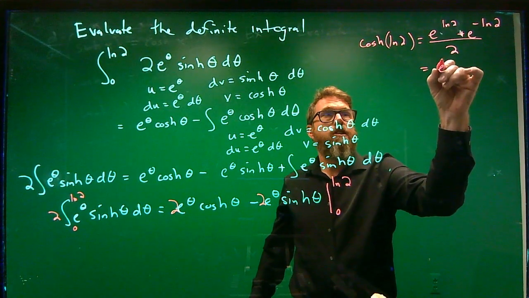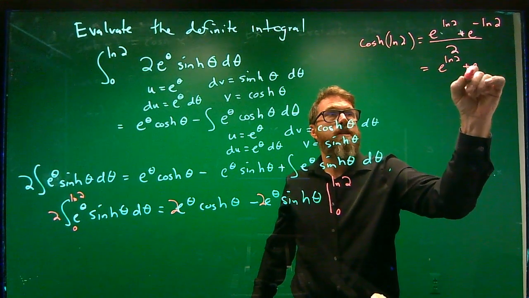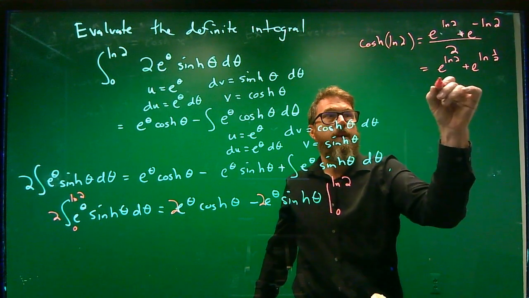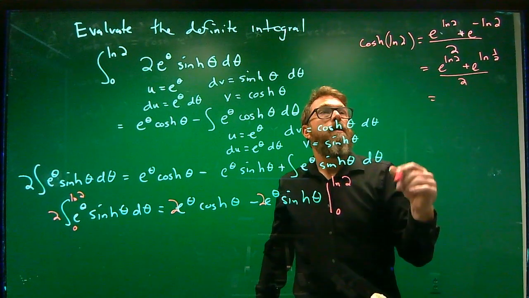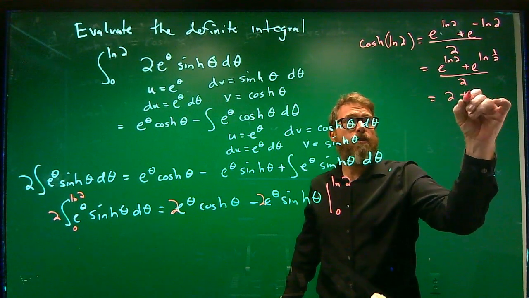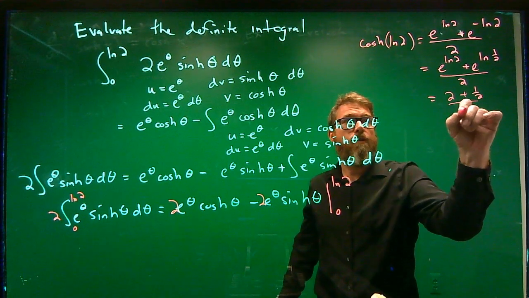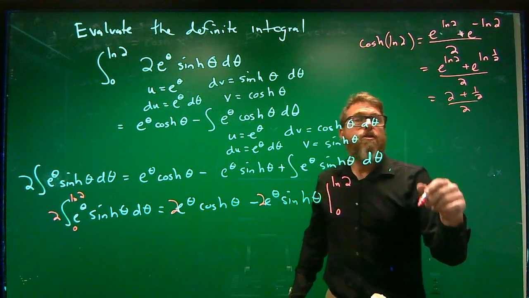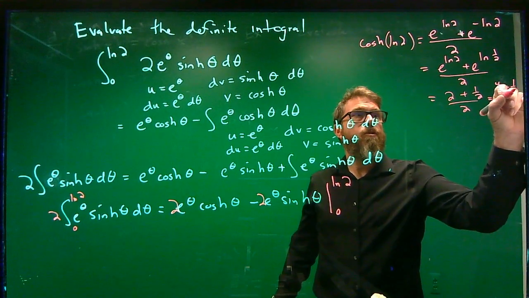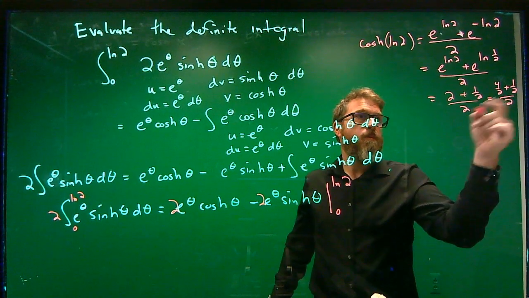So when we do that, this is going to be e to the natural log of 2 plus e to the natural log of, well, this negative 1 is going to go in the power, so it's going to be a half, all over 2. So e to the natural log of 2 is 2, plus e to the natural log of a half is a half, all over 2. So common denominators, this is going to be 4 over 2 plus 1 over 2, divided by 2, multiplying both those by 2.